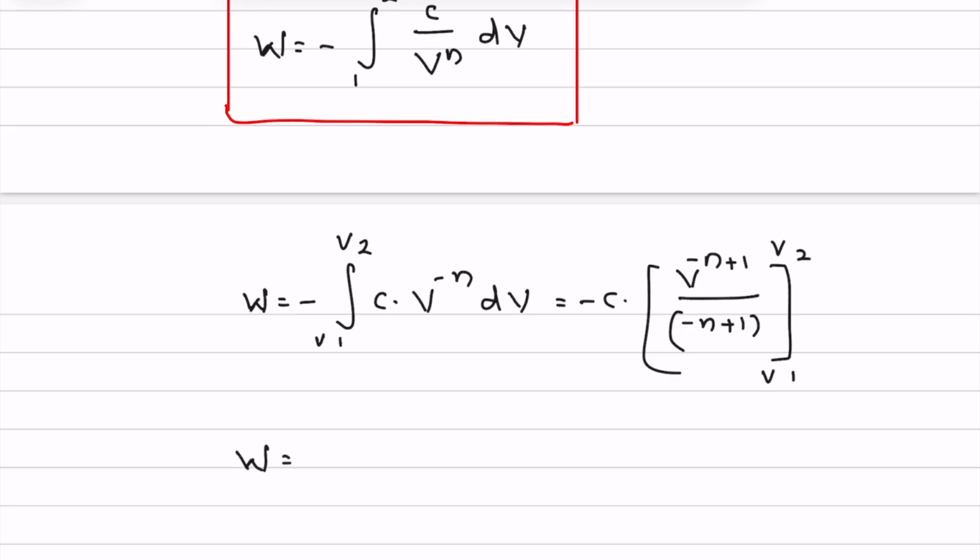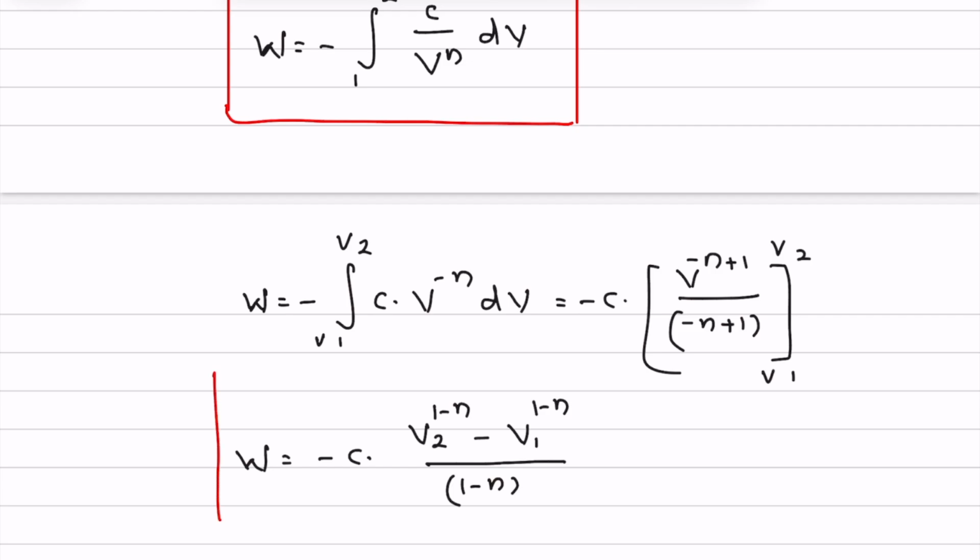Therefore, work done is equal to minus C into V2 to the power of 1 minus n minus V1 to the power of 1 minus n, whole divided by 1 minus n.